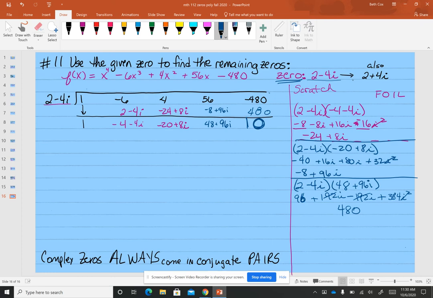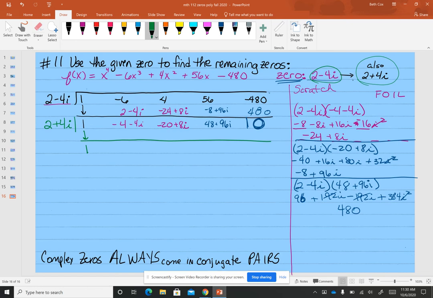Okay. So now we're going to go again. We know that 2 minus 4i worked, and now we got to do 2 plus 4i. So now I'm going to do 2 plus 4i. Here we go.